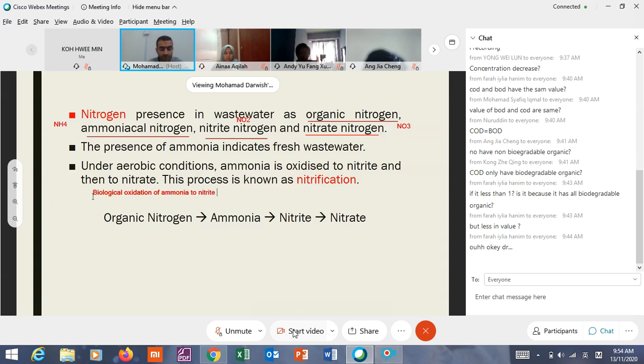Then the oxidation of nitrite to nitrate. So the biological oxidation of ammonia to nitrite, then to nitrate.